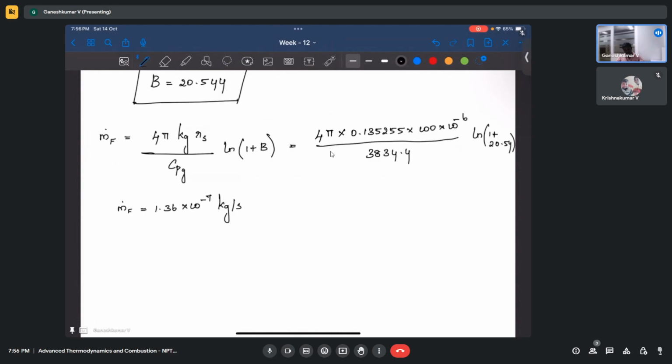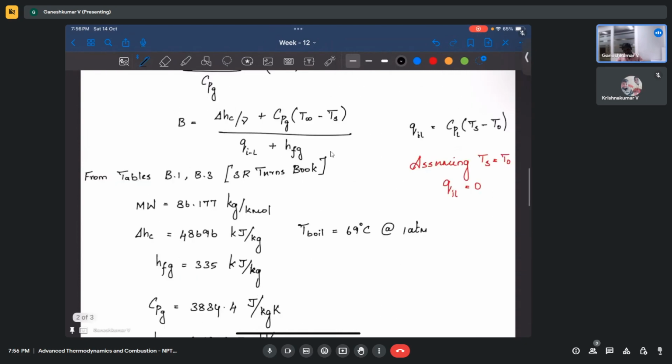So this is the rate at which the mass is burning, the droplet is burning. All right. The first objective is over.